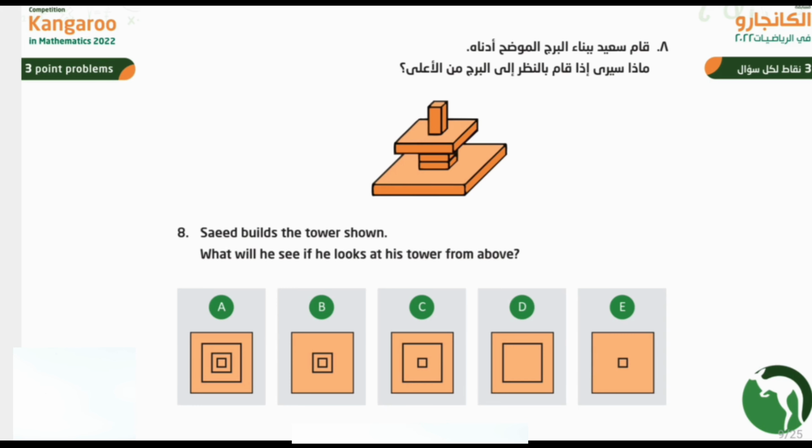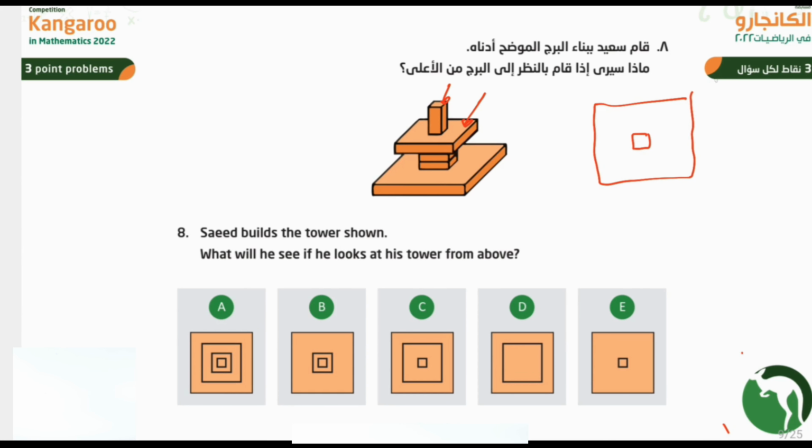Now in question number 8, Said builds the tower showing what will he see if he looks at his tower from above. Okay, so at first, if you look from the above side, so he will see this one, the small one. Then he will see this one here. So he will see this one.